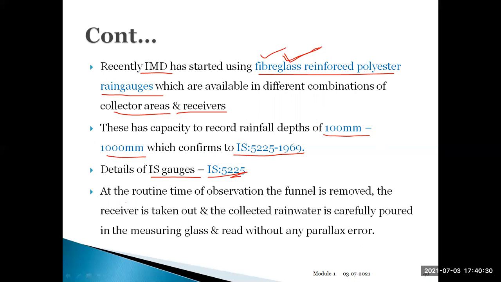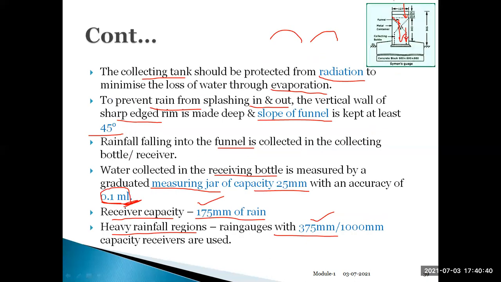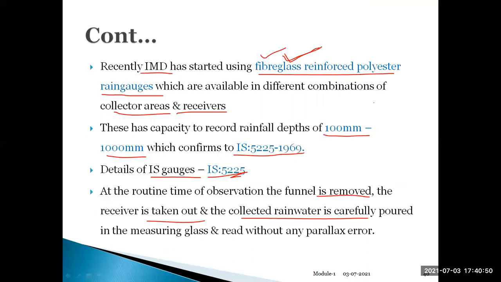And also at the routine time of observation, the funnel is removed and the receiver is taken out with the collected rainwater. Once the rainfall has started, the rainfall gets collected through the funnel, and through the funnel it is received by the receiver.